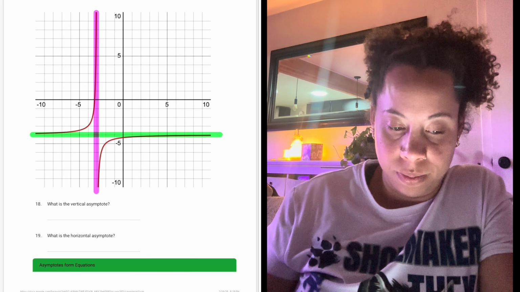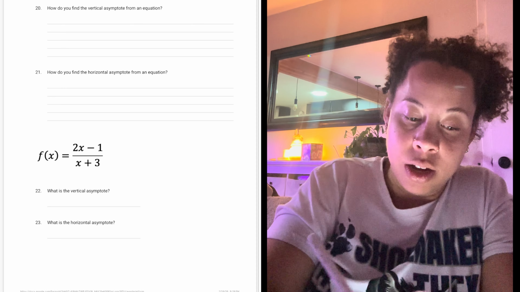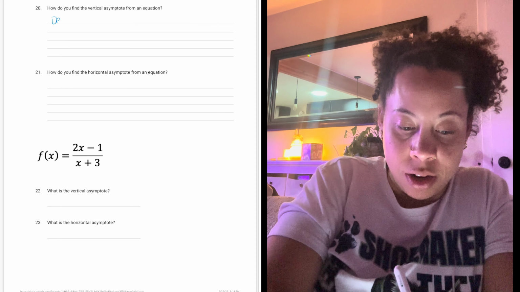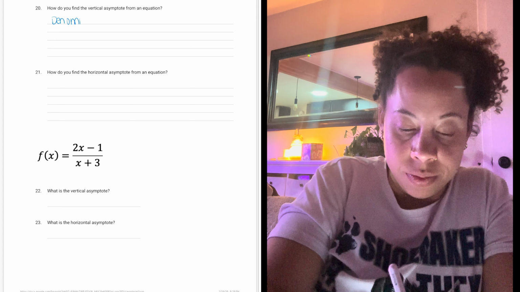Now, to find your vertical asymptote from an equation, that's when you set your denominator equal to 0. Or you can graph it, make a table, and on that table you want to find the x where y is undefined.